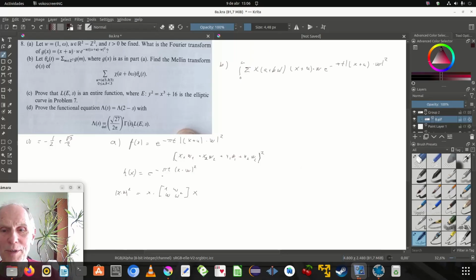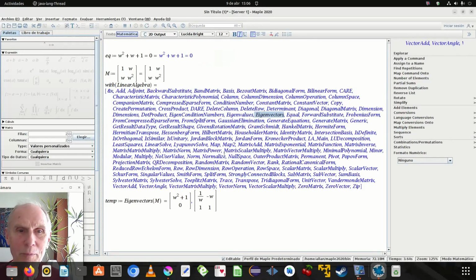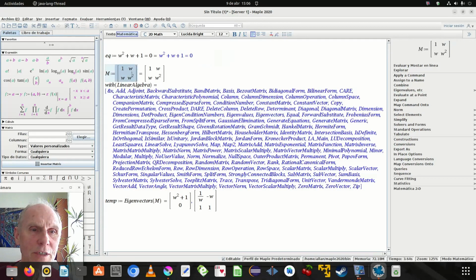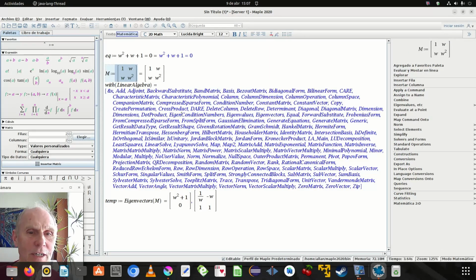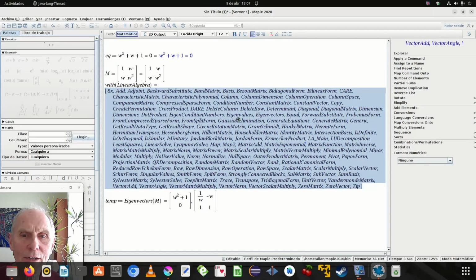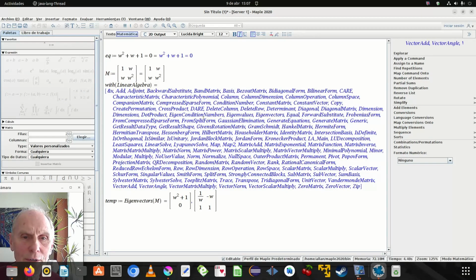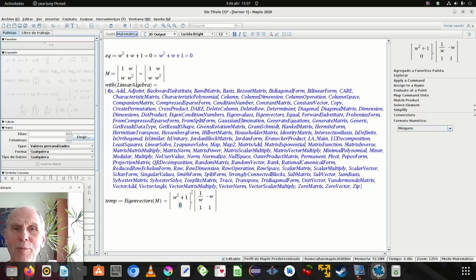I opened Maple, entered the matrix, found the right command for eigenvectors, and did it. And one of the eigenvalues is 0. And my first reaction is, now that's impossible because omega is not a rational number. So how can an integer combination of a and b give 0?